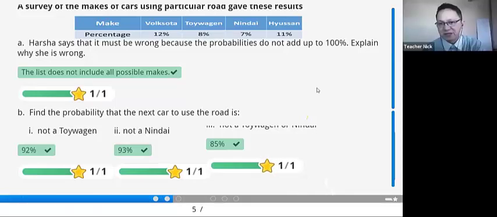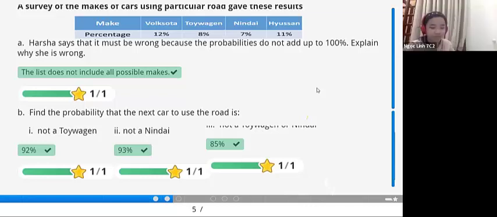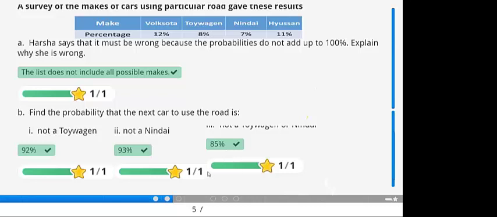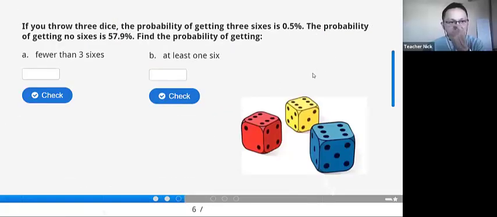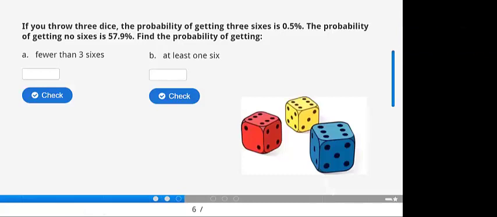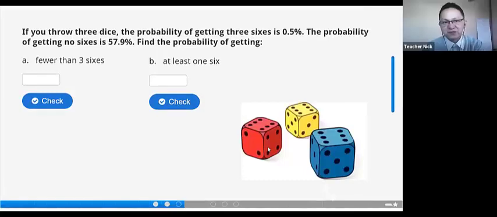Okay, next. Can I ask Kuktai? Kuktai, are you there? All right. Next question for Kuktai. If you throw 3 dice, you can see there 3 dice. The probability of getting 3 sixes is 0.5%.